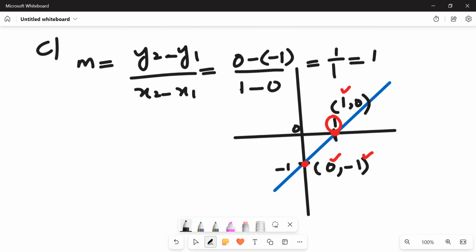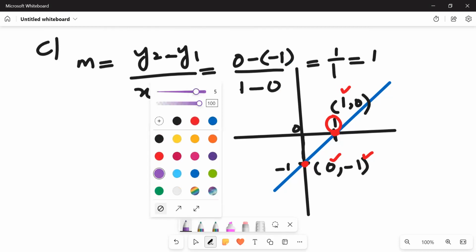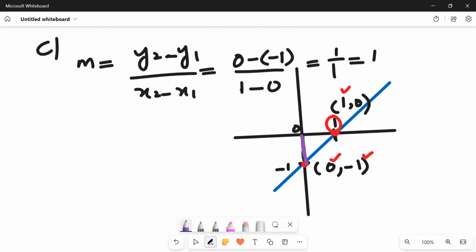So the slope is 1, right? Then c is equal to -1. This one is c. c is where the line cuts the y-axis, so c is equal to -1.